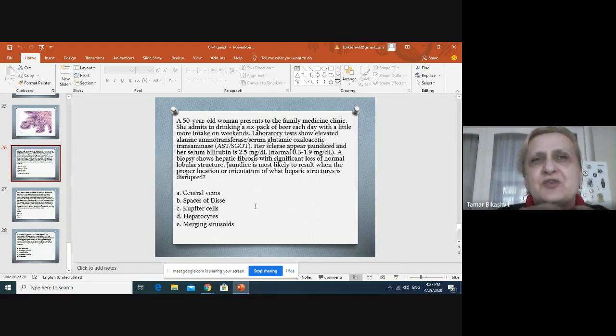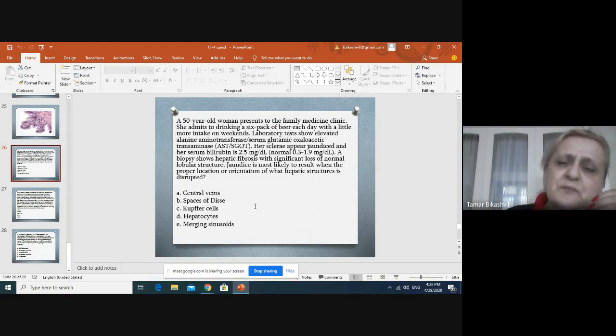Again, what is the function of the Ito cells? They are small cells with lipid droplets inside the cytoplasm, and I said it's very difficult to find these cells in micrographs. They are small and less numerous, and they are in sinusoidal spaces. In the sinusoidal lining are also the Kupffer cells.